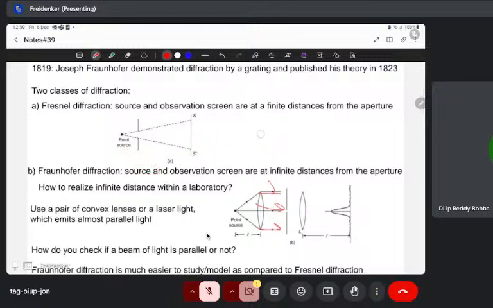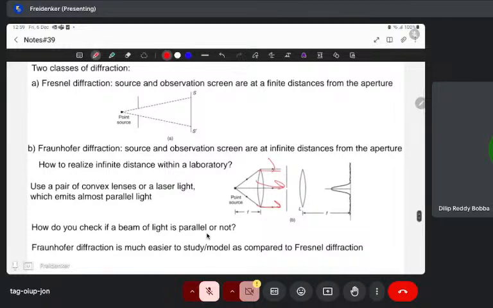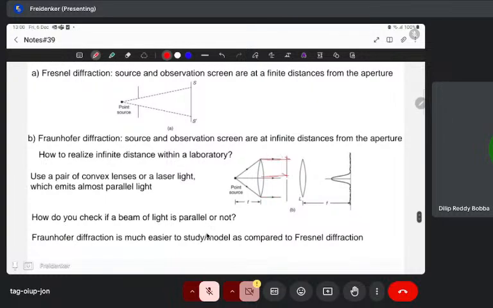And how do you produce light rays that appear to come from infinity? You just use a lens, right? This is how you use them. When is light coming from infinity? When they're all parallel and coming nicely, like plane waves.